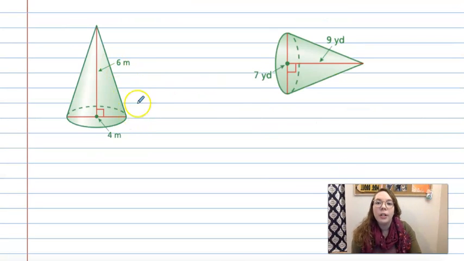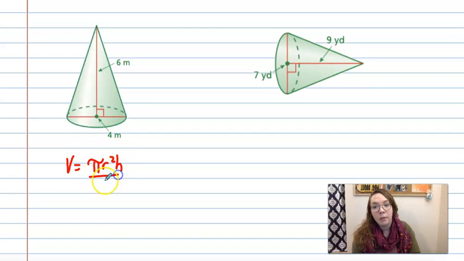For a cone, it's basically the cylinder formula. The cylinder formula was pi r squared times height, because you have area of a circle times height, and then we divide that by 3, since 3 would fit in a cylinder. So you have pi. In this case, our radius is 2. Remember, this is a diameter. Our radius is 2. And then the height is 6.